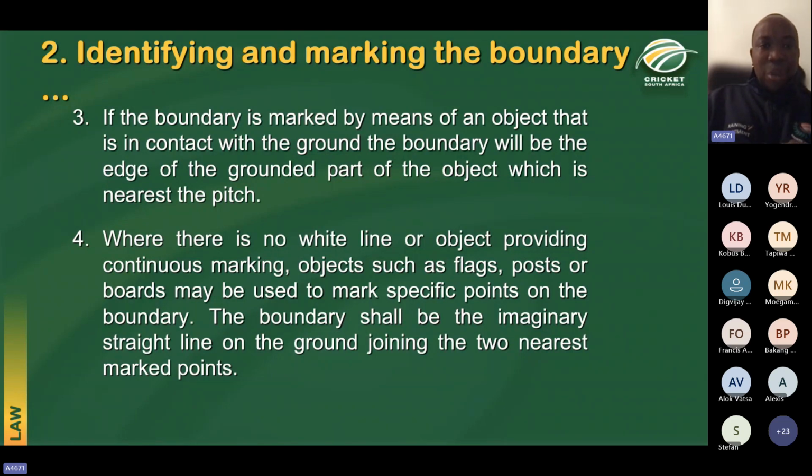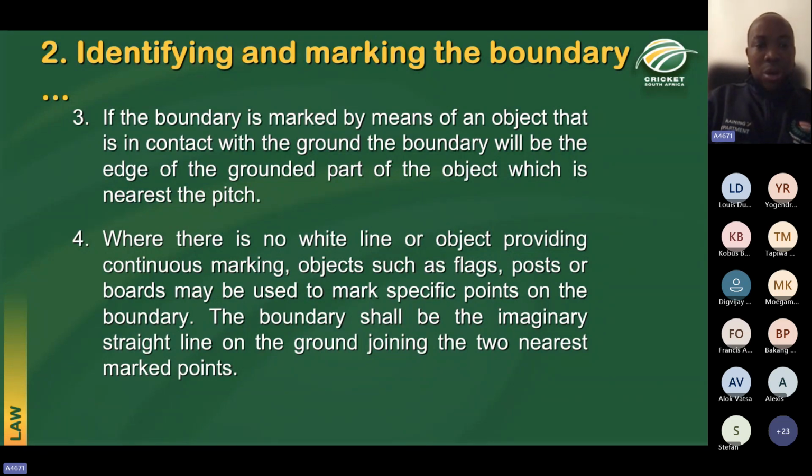If we don't have a rope, that becomes very difficult. And if there isn't a boundary line marked, it becomes even more difficult. I have been to a field a few years ago where they only had bricks 5 or 10 meters away from each other, demarcating the boundary. And here, point number 4, what the law is telling us is that the boundary needs to be imagined as a straight line between each of those bricks and not a circular line.